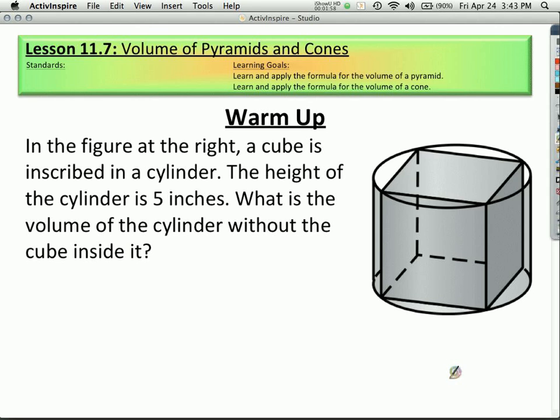So, what'd you get? I got Stephanie, Kamoy, John, and then Eric. 71.35. Okay. So I got 71.35 cubic inches.